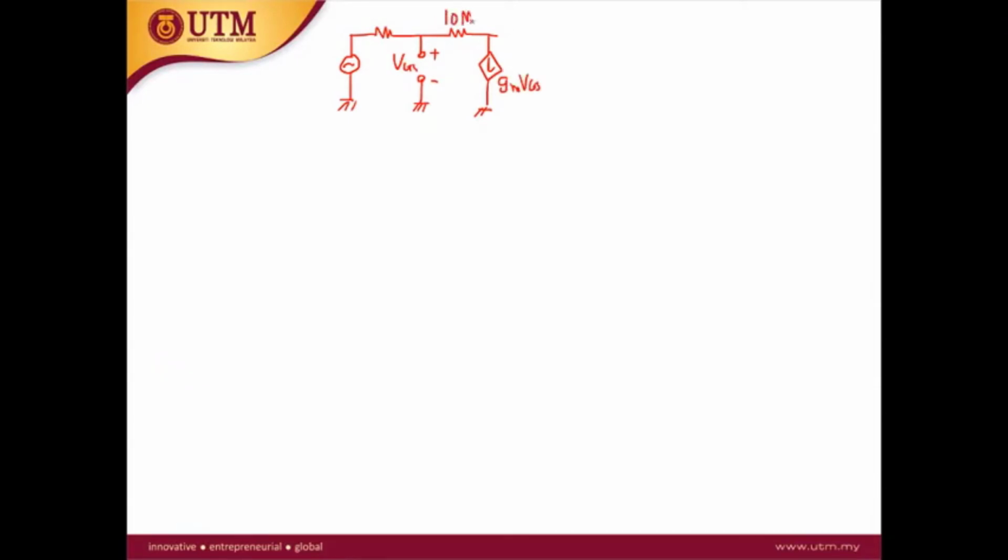It's 10 mega ohm and this is 600. And we have here the RD 2K and then RL 2K. Okay, the output impedance is the one that we see from this 2K.